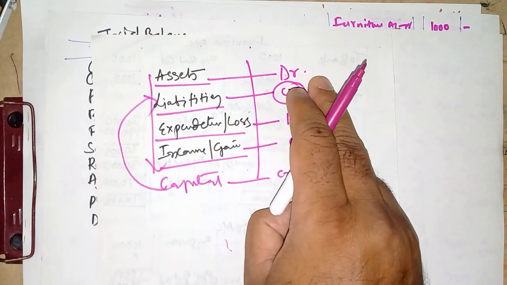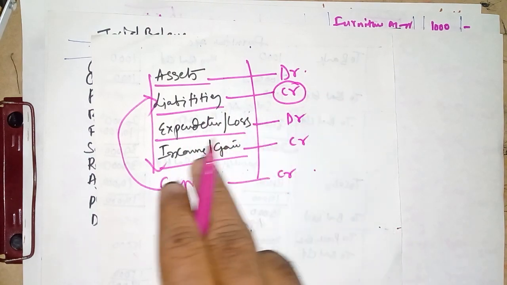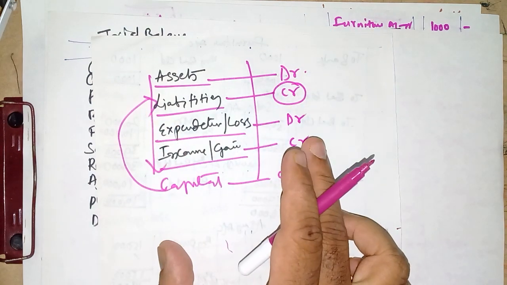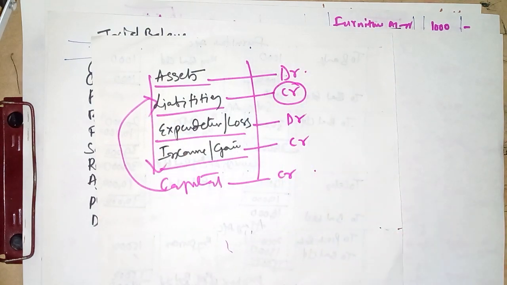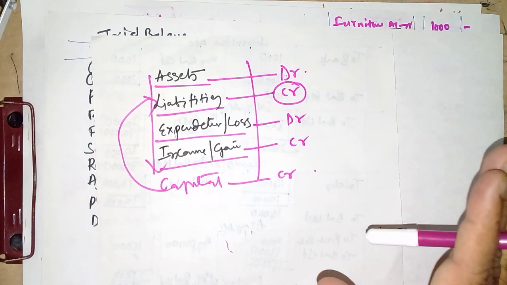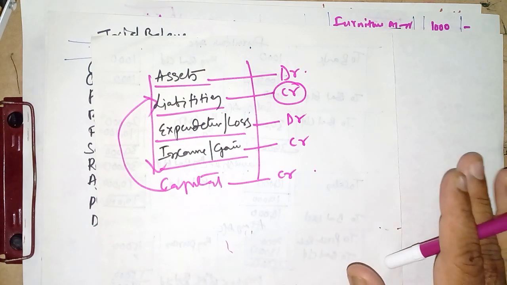Asset always shows debit balance, liabilities always show credit balance, expenses always show debit balance, income always shows credit balance. Once you understand this basic crux, anywhere across the globe, these are the universal truth. If an accounting student is asked which balance an asset shows, straight away without hesitation, debit balance, that's all. No further thought. Liabilities, credit, expenditure, debit, income, credit. You must be in a position to say it like that.